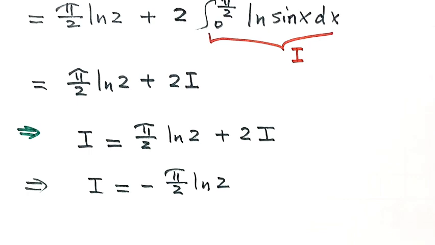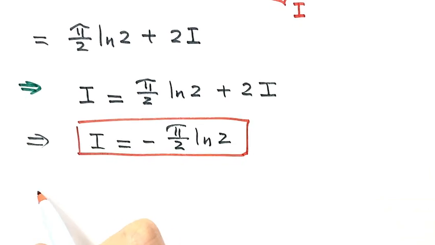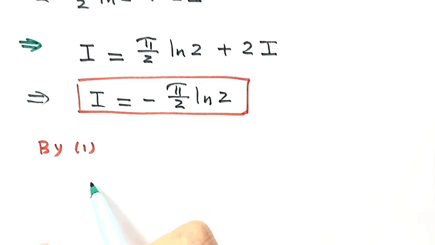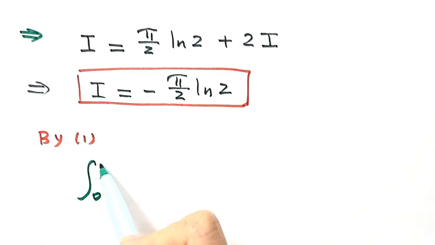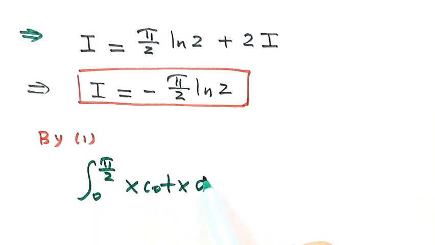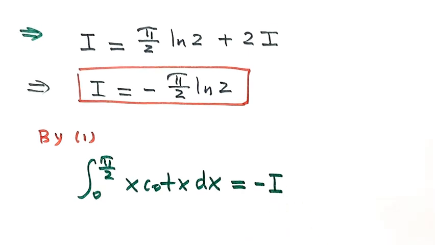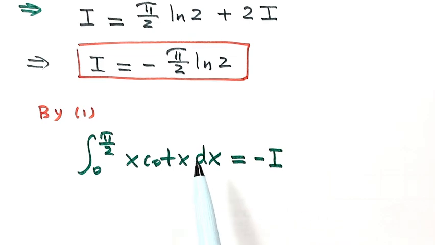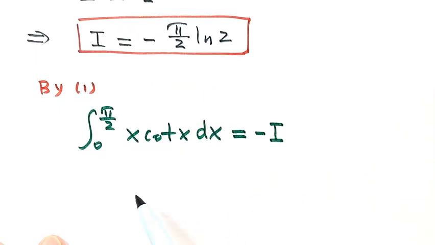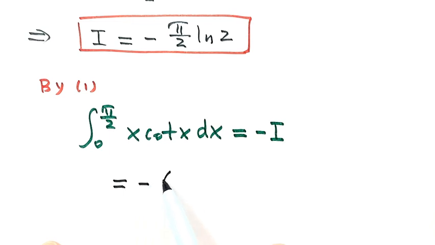Now let's mark this result. By result 1, the original integral x cotangent x dx equals negative I. Now we have an answer for I, so we can use it to replace I. So this equals negative of negative pi over 2 log 2.